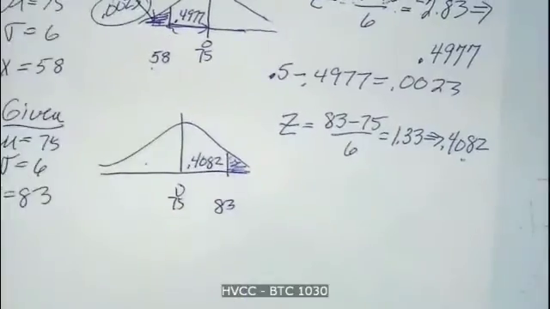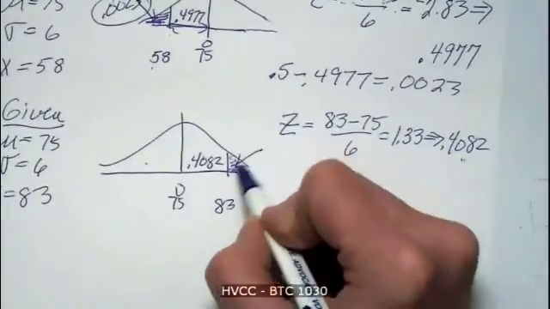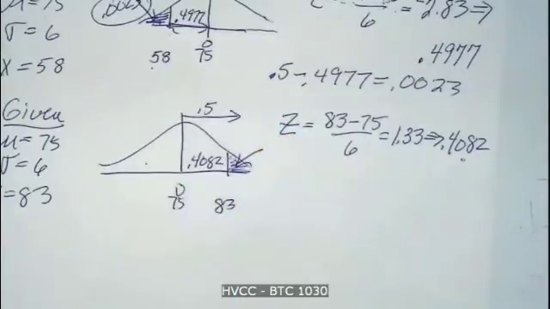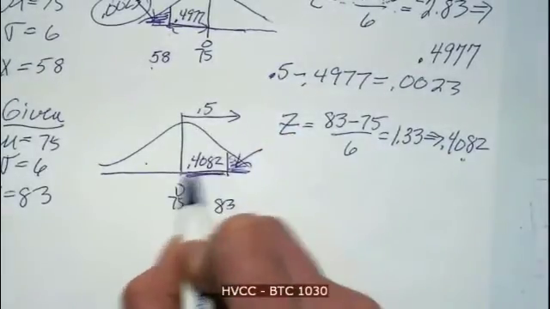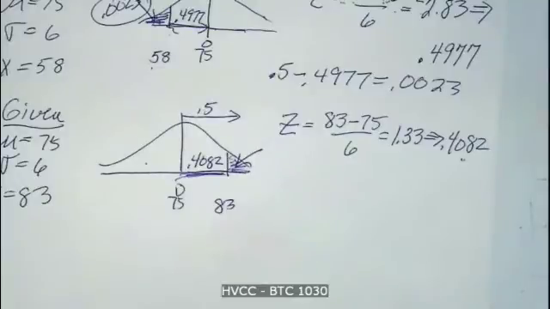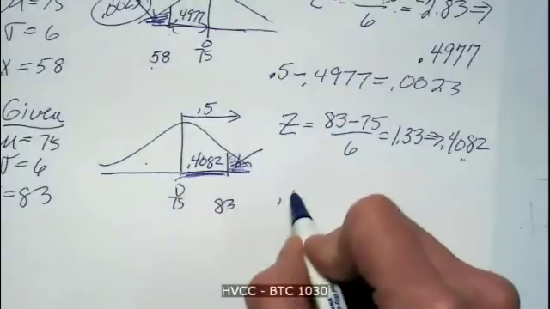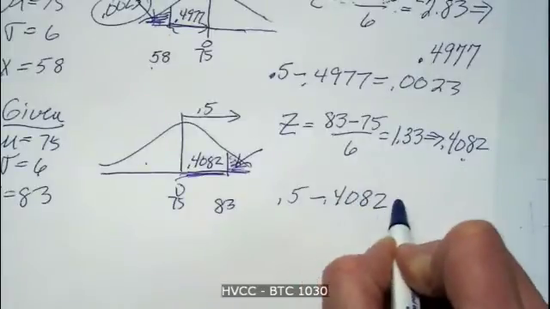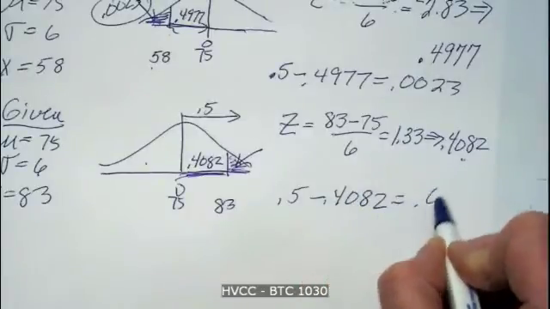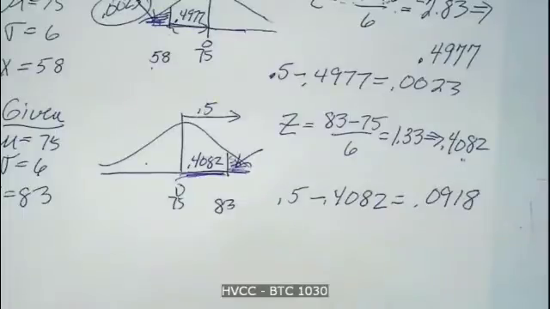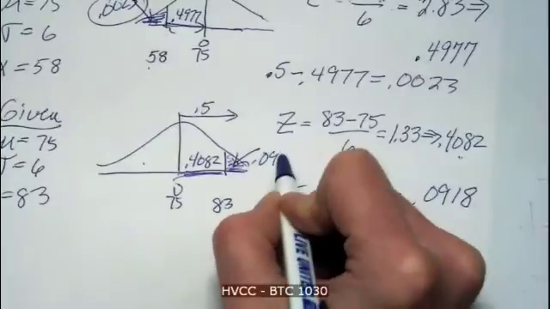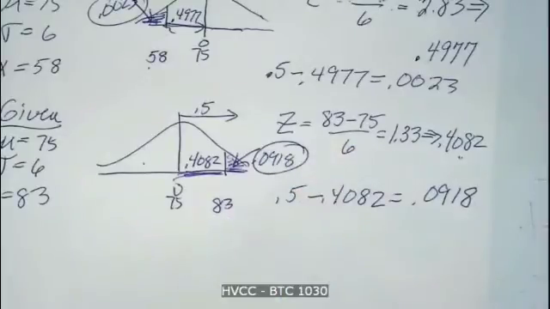0.4082. That's not what I'm looking for. Again, we know this half of the curve is 0.5. We know this is 0.4082. To find that, we just subtract. Okay, so 0.0918 is our answer.